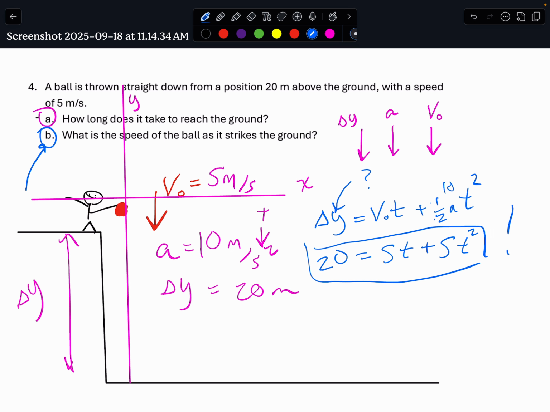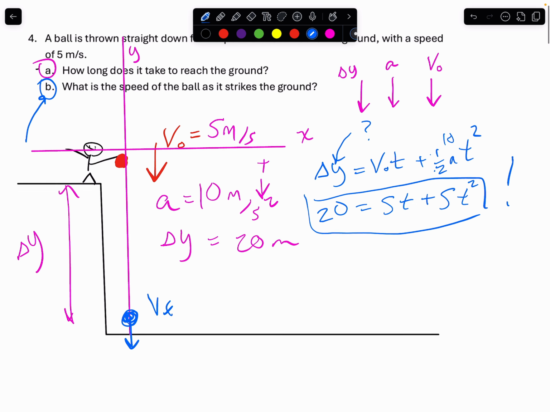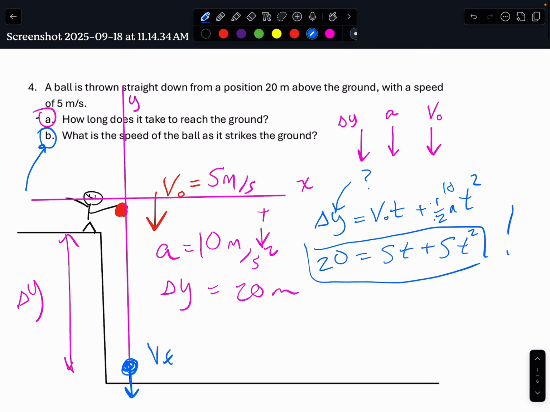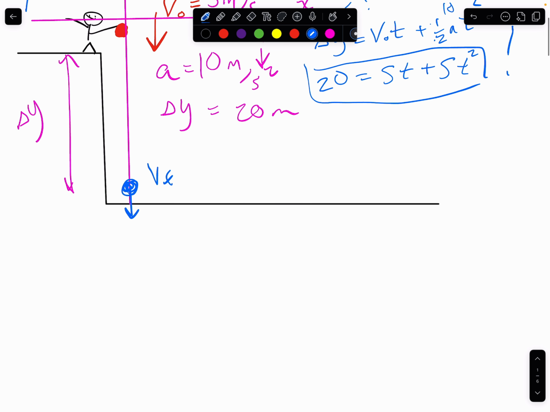So here we go. I'm going to find V final, the speed of the ball just as it hits the ground. Wait a second, I don't know what t is. That's okay, because we have an equation for V final that doesn't involve t. That equation, which is also in your list, looks like this: V final squared is equal to V naught squared plus 2a delta y.